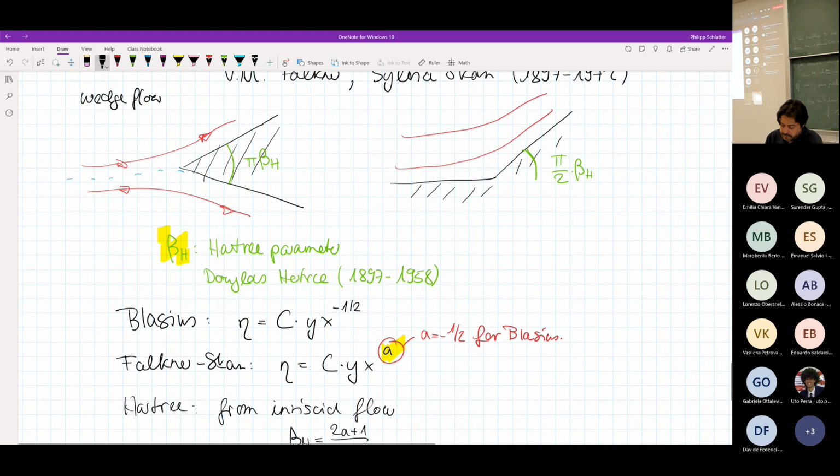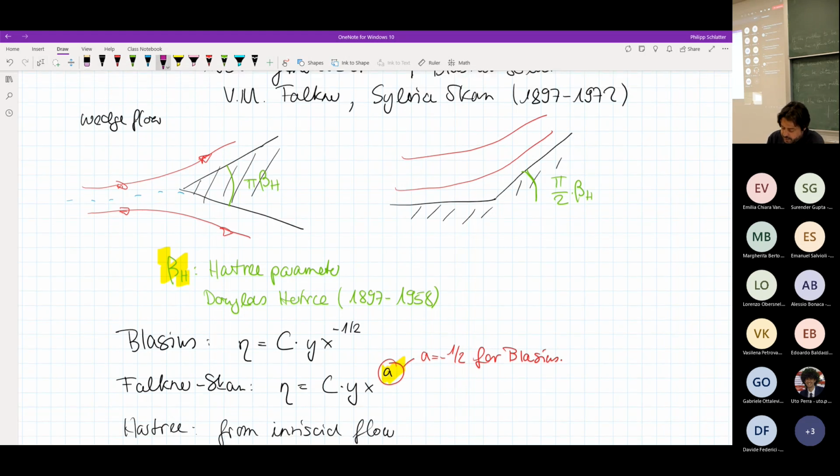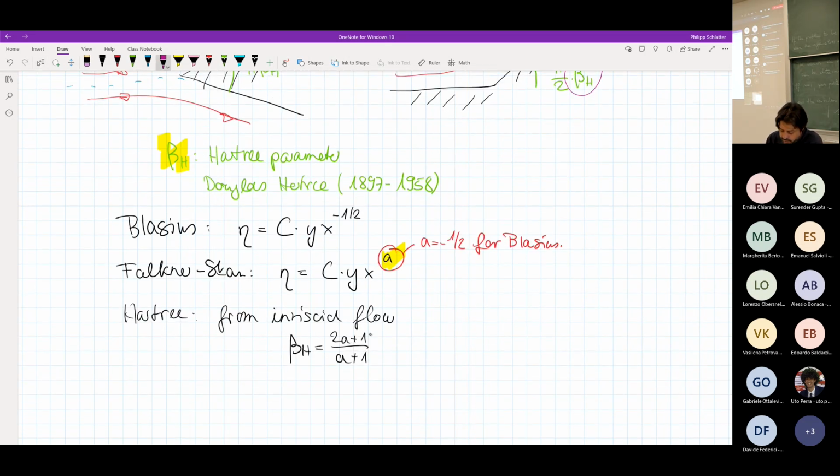So it means that if you have a specific opening angle here, you know that the velocity that you will have here, or the exponent of the velocity, is related to this with this relation. And this is something you can derive from inviscid flow.